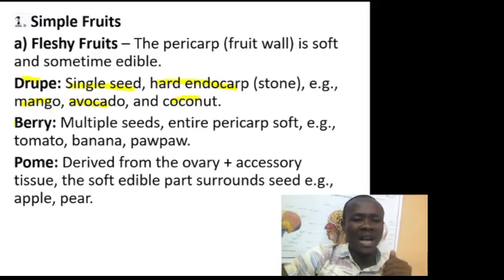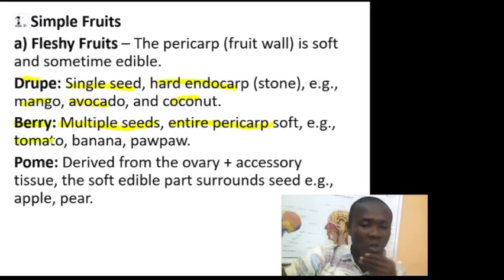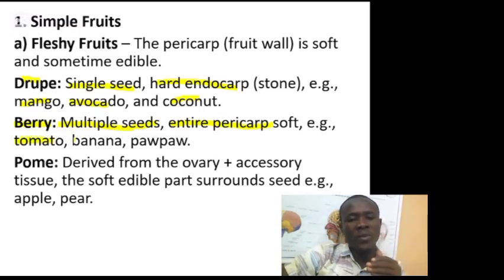And next we have is a berry. The berries have multiple seeds, many seeds in it. And for them, the entire pericarp, the exocarp, mesocarp, and the endocarp, they are soft. So examples here are tomato, banana, pawpaw, etc. They are all berries.